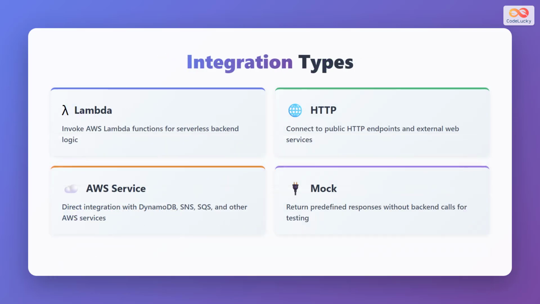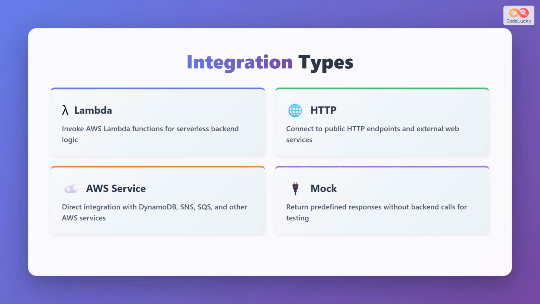API Gateway supports 4 primary integration types to connect with different backends. Lambda integration allows you to invoke AWS Lambda functions for serverless backend logic, making it the most popular choice for serverless applications. HTTP integration lets you connect to public HTTP endpoints and external web services, enabling you to proxy requests to any web-accessible service.